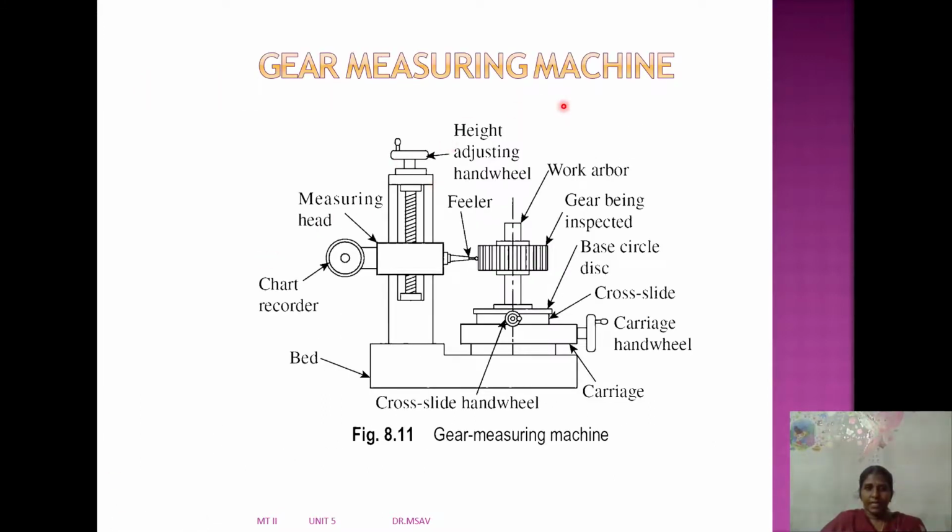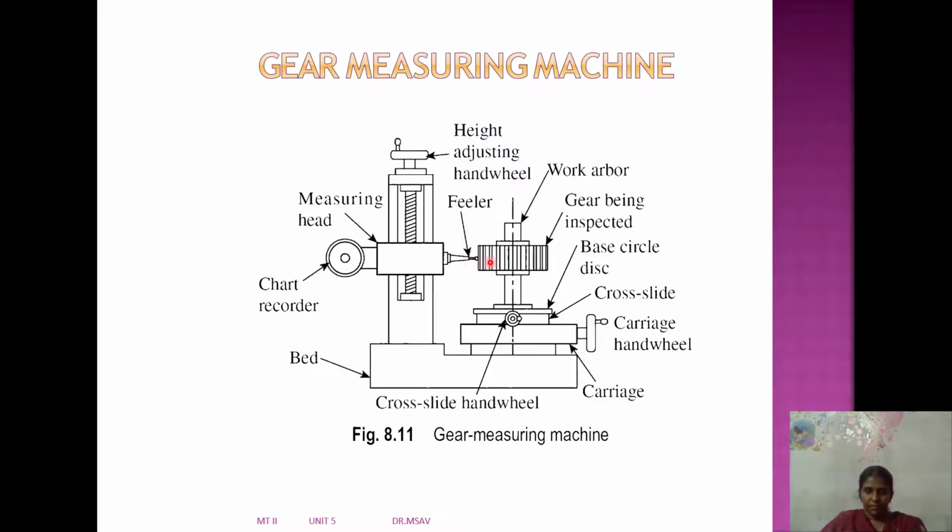Next one is the gear measuring machine. This is the bed, which is horizontally aligned. Vertically we have a height adjusting handwheel. In the center we have the measuring head, which is connected to the chart recorder, and at the other end of the measuring head we have the feeler.